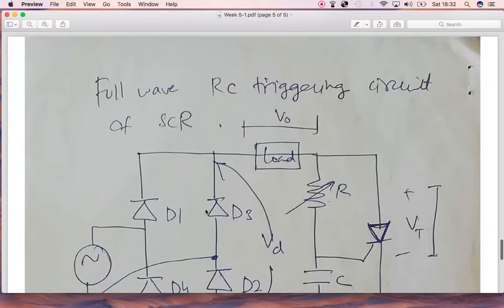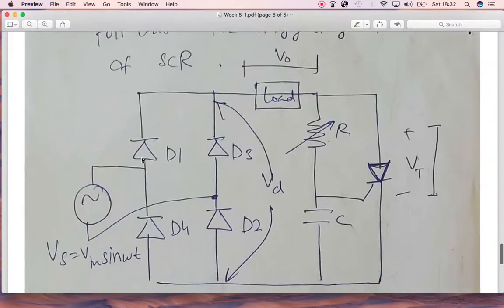Now we will be focusing on the full wave RC triggering circuit of SCR, in which we have four diodes over here. We have an AC supply, a load, a variable resistance, a capacitor, and an SCR.